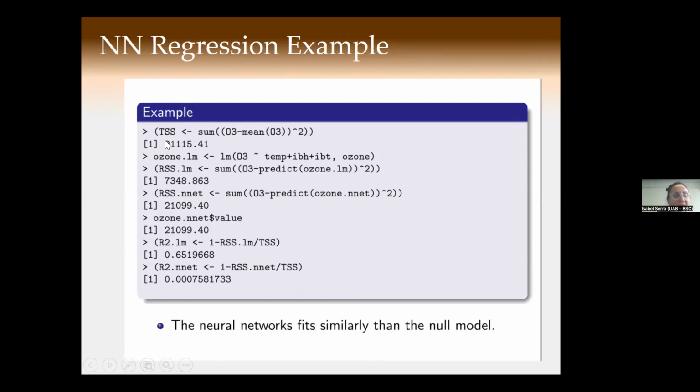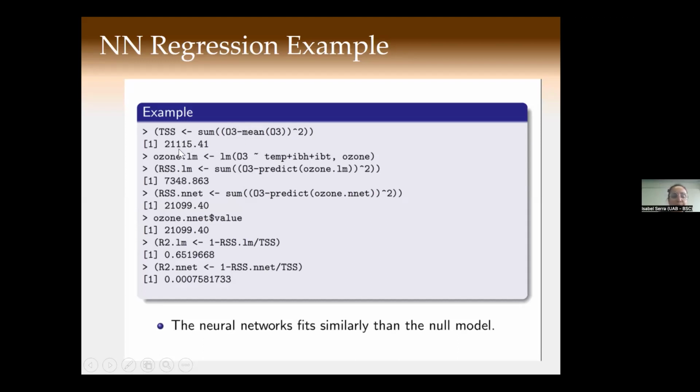Then, total sum square, remember, is the measure that I have to put in my mind when I have a response that I want to fit. The easiest model when I want to estimate the expectation of some response is the mean, and that is my reference value, the total sum square. Of course, if you divide this by n, the dimension, you obtain the variance of the response.